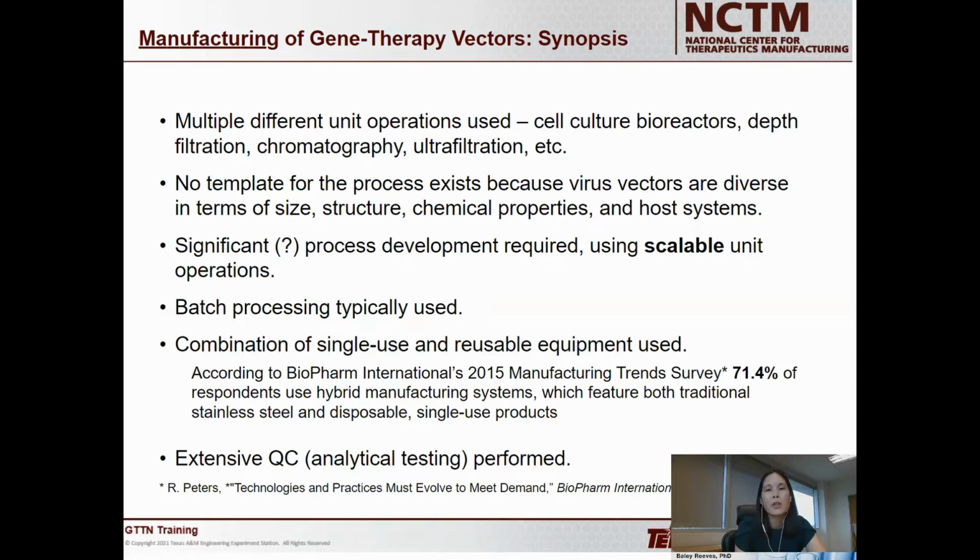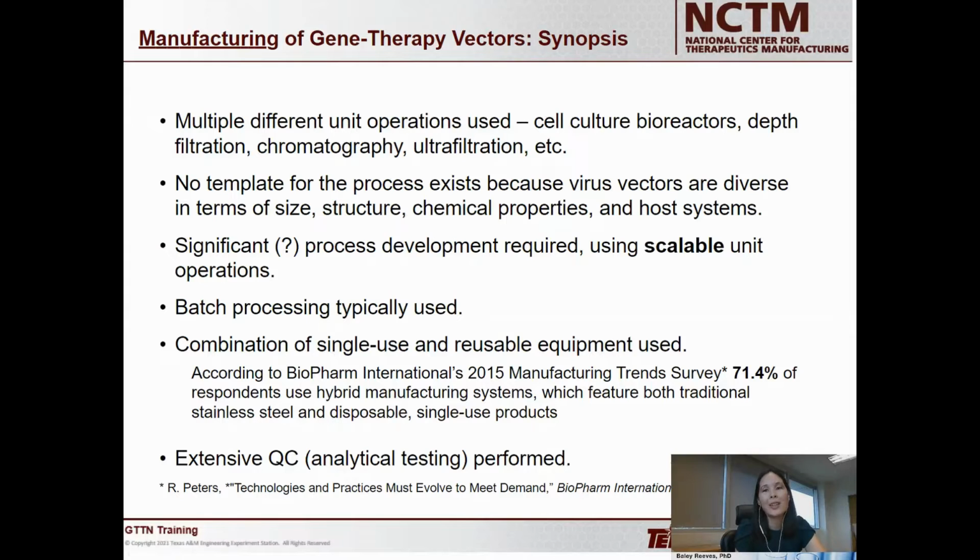So the overall manufacturing process is still rather new in the grand scheme of things. I feel like we have a lot of very well-defined templates and platforms for traditional biologics, but with gene therapies, we've borrowed some of the best practices from biologics, but we're still figuring out exactly what that platform is for this new space. But ultimately, one of the things we want to make sure of is that whatever unit operations we choose to use are scalable.